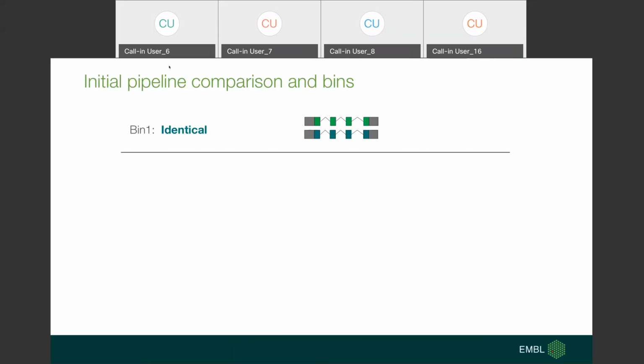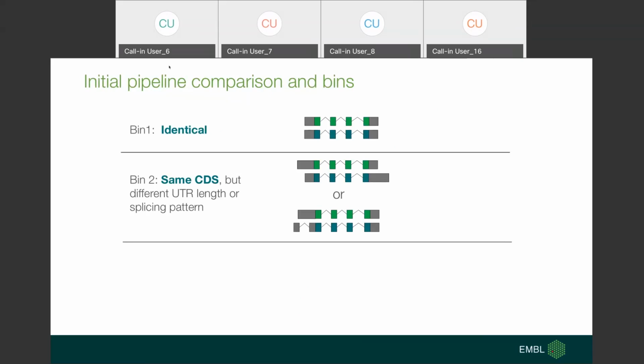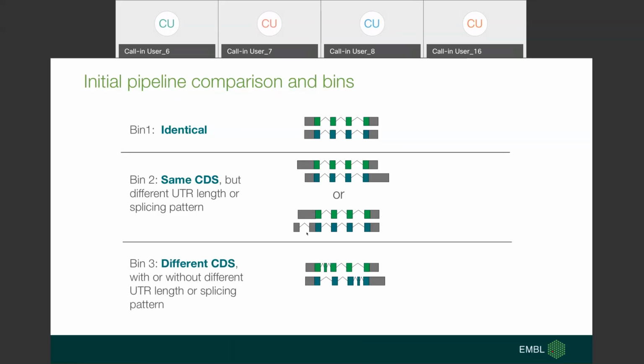This is where the 2 pipelines had identical transcripts, but we also found that there's a second bin where the pipelines had picked the same coding sequence, but these transcripts differed either in the UTR level, or in terms of length, or in terms of splicing pattern. And then we found a third bin, which is where the pipelines had picked completely different transcripts. You can see this example here where the pipelines had picked different CDSs.